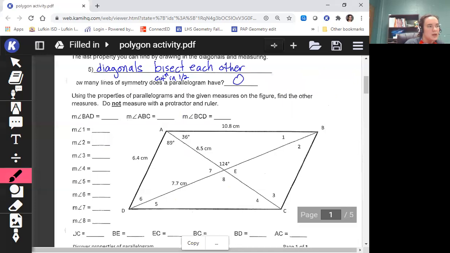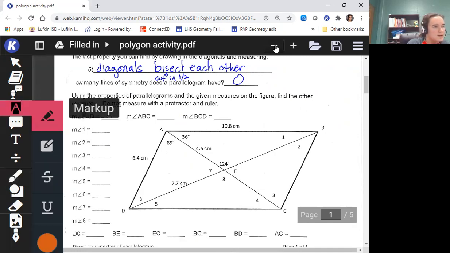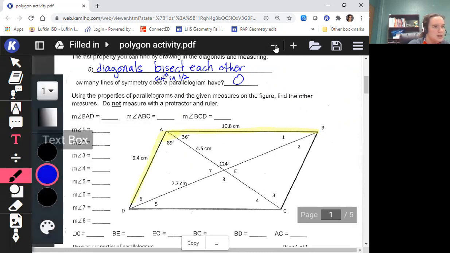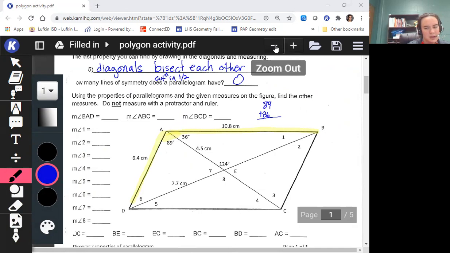So next up, we want to fill in the different angles and lengths. Our first angle that we are looking for is angle BAD. So this corner, and we can add 89 and 36 together. When we add 89 and 36 together, we get 125 degrees for that entire angle.